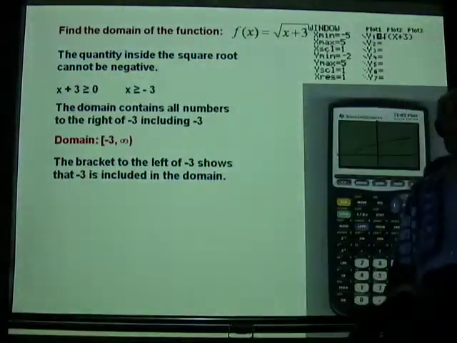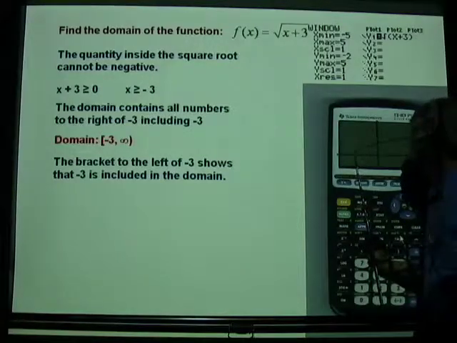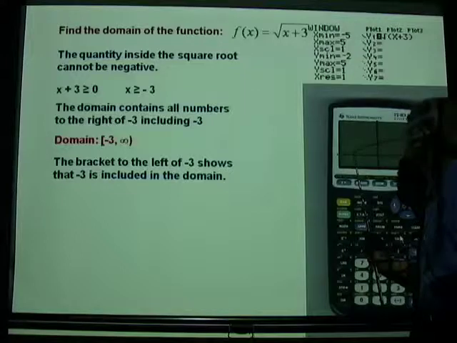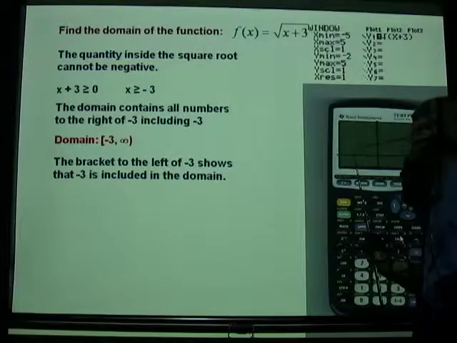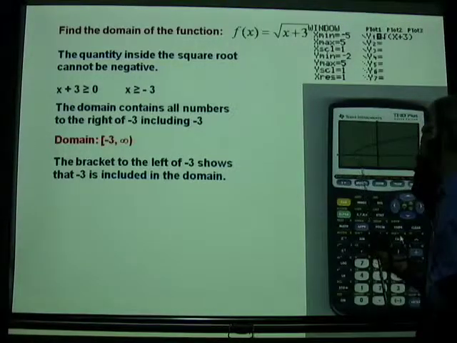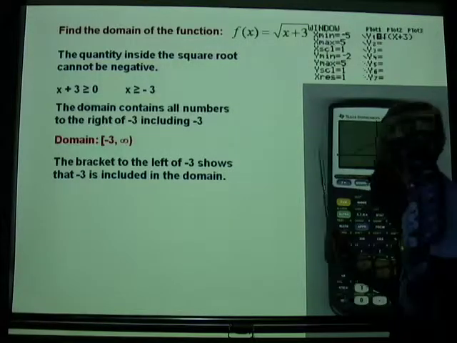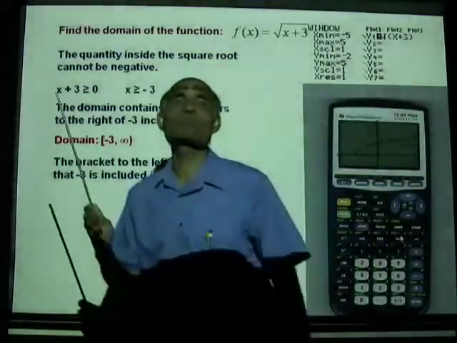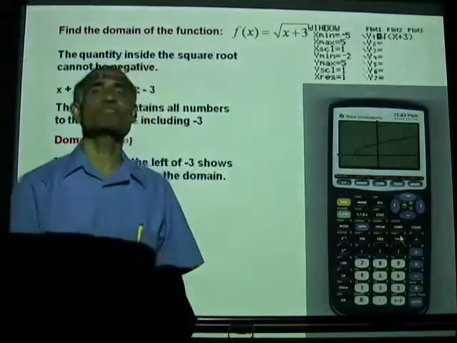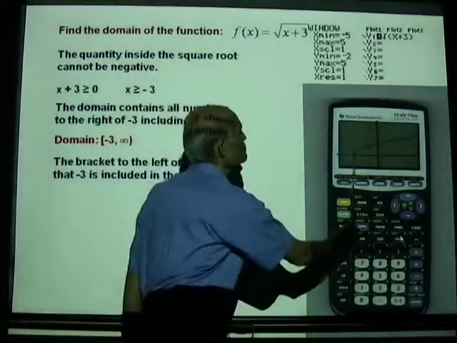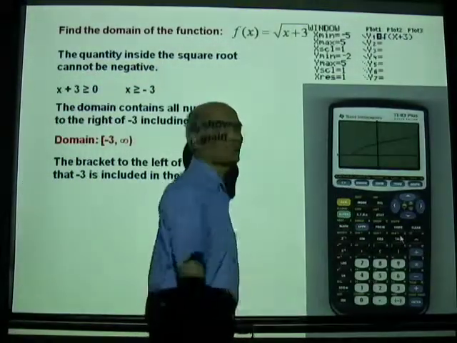The graph tells you that there is no input to the left of x equal to -3. This is x equal to -3. And you get output only for numbers that are -3 or greater. There's nothing, no part of the graph appears to the left of x equal to -3. That means there are no domain values there.